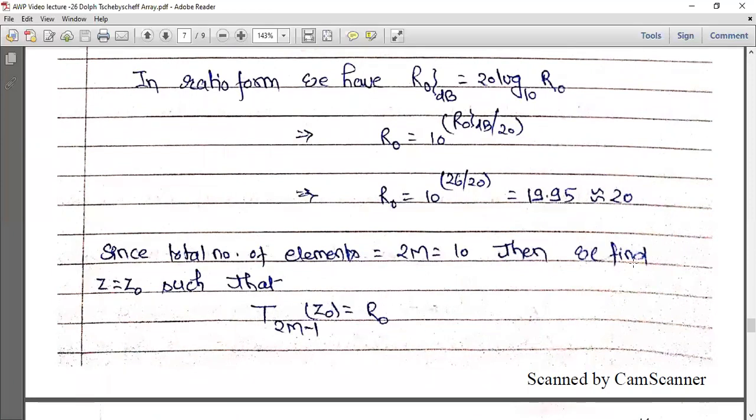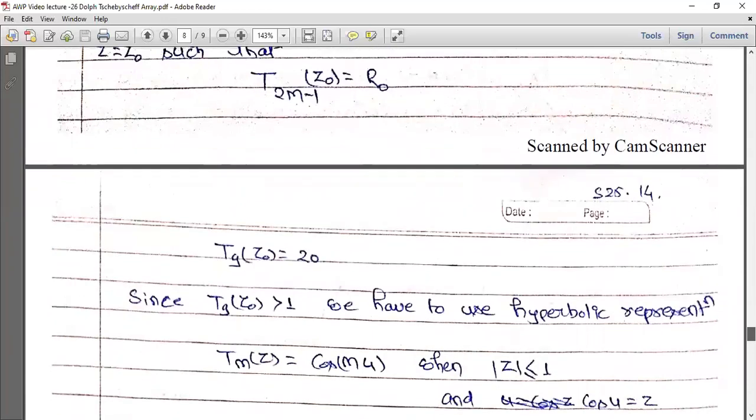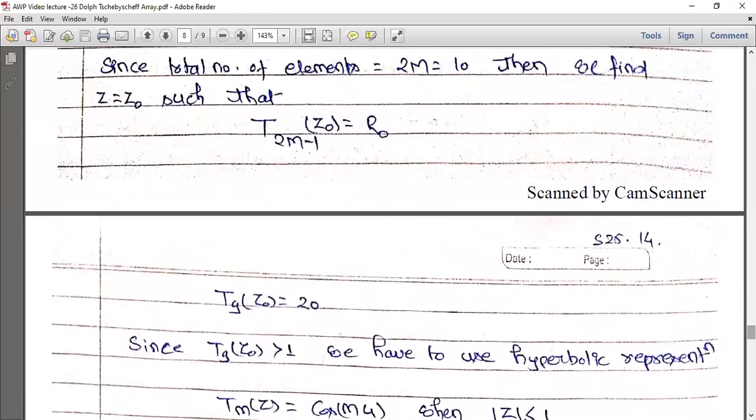One less than 10 is 9. So we find a value of z defined as z0 such that T9 z0 will be equal to this R0, 20. Keep this in mind: when you equate Chebyshev polynomial with this side lobe level, you should convert the dB value to normal values, and we substitute it here. Then T2m minus 1, which is T9 z0, is equal to 20.